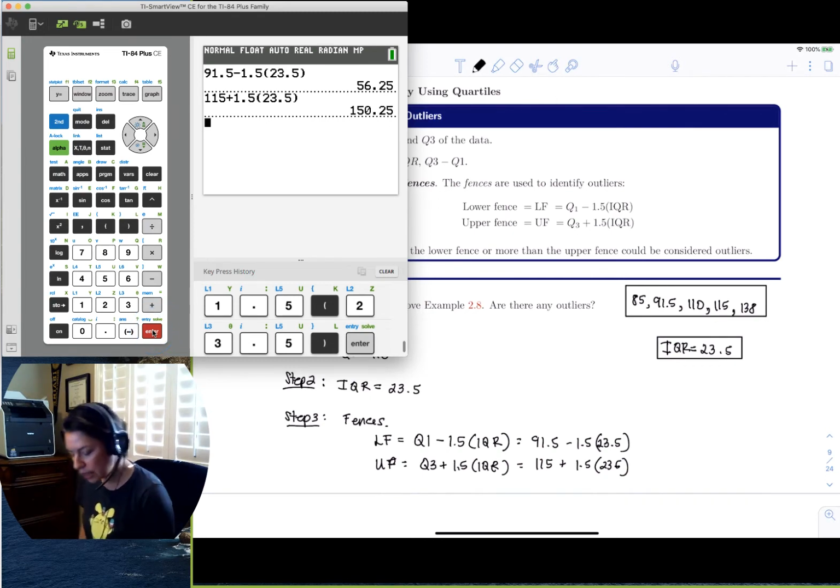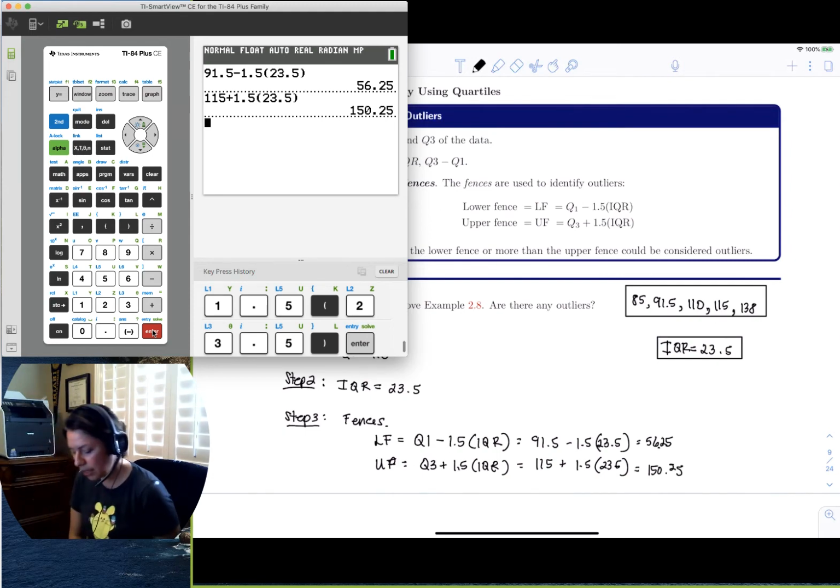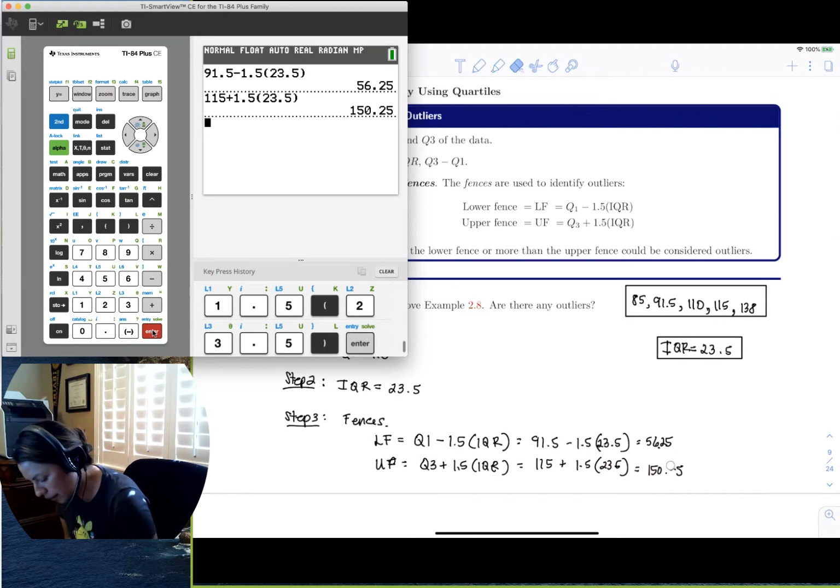So 56.5 is our lower fence, and 150.25 is our upper fence.